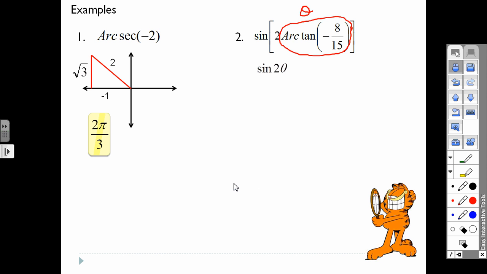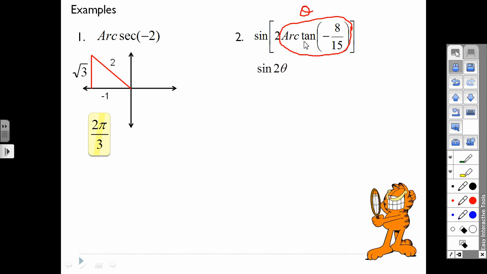Okay, so to do this, we're not actually going to figure out what the angle theta measures, but we're going to use this information to create a triangle that we can reference to figure out the sine and cosine of theta. So arctangent is negative. So which quadrant will it be in if tangent is negative?